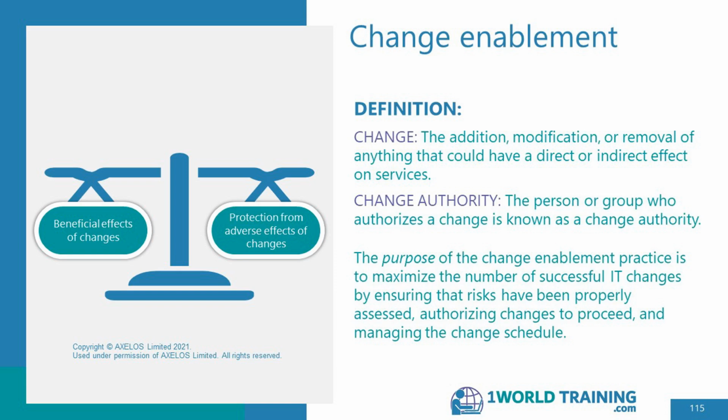I've run change workshops with groups of people a number of times, and one of the exercises I often do with them is I divide them into groups of 2 or 3 people, and I give them a pen and a piece of paper, and I say, please write down for me in your little group, what is the purpose of change management in your organization and what your goals are for change management.